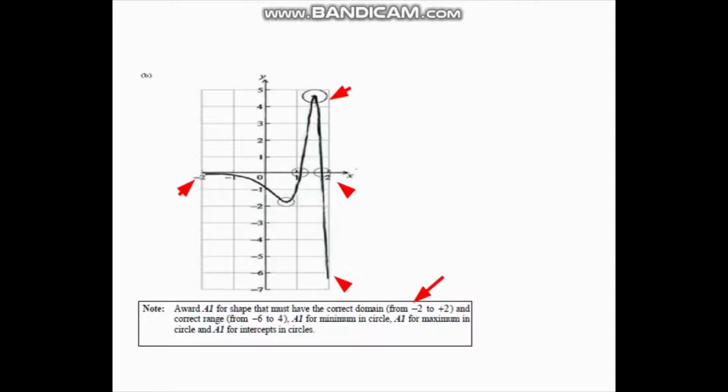Your sketch has to be within the correct range in general, and bear in mind this is approximate to an extent. You have a mark for circling the minimum point and a final mark for the maximum point. Excuse me, there is a 5th mark for the intercepts in circles. So basically, after you create your sketch, make sure to circle the minimum, the maximum, and the intercepts.